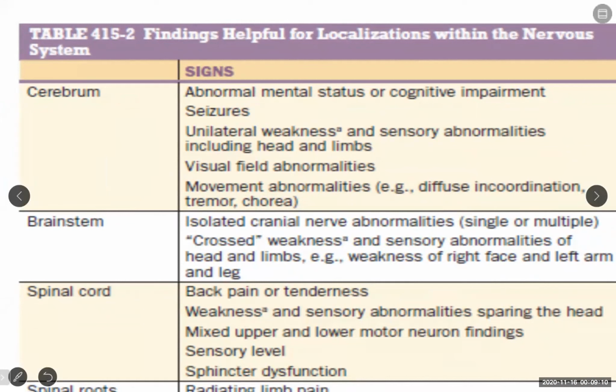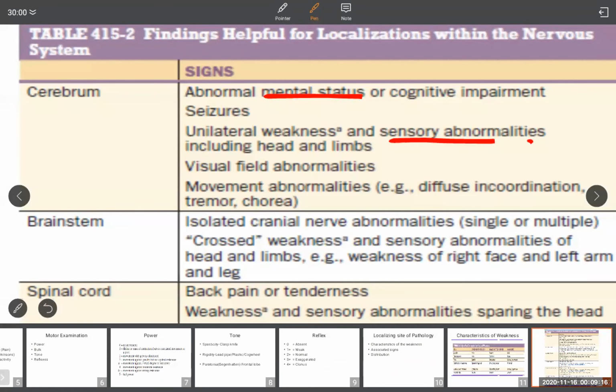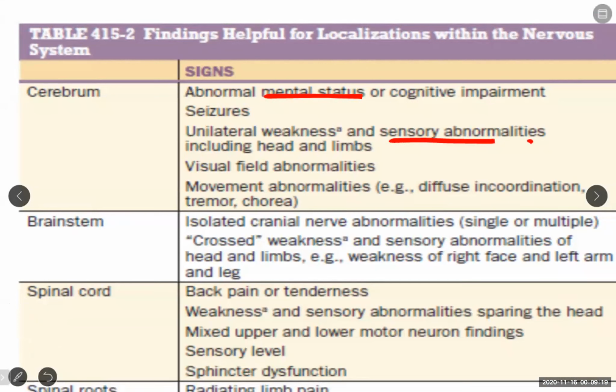So, when a patient with weakness has an associated change in mental status or sensory abnormalities, since areas 3, 1, and 2 are seen in the cortex, visual field abnormalities, and as I said, basal ganglia lesions, so movement abnormalities. This is not a hard and fast rule, but it tends to point towards more of a cerebrum involvement. Now, once you're done there, you come a bit down, you come to the region of the brainstem.